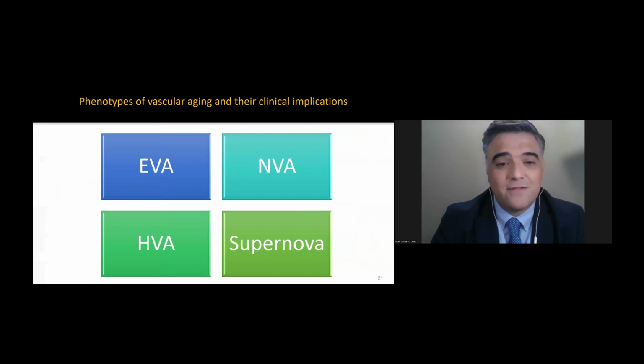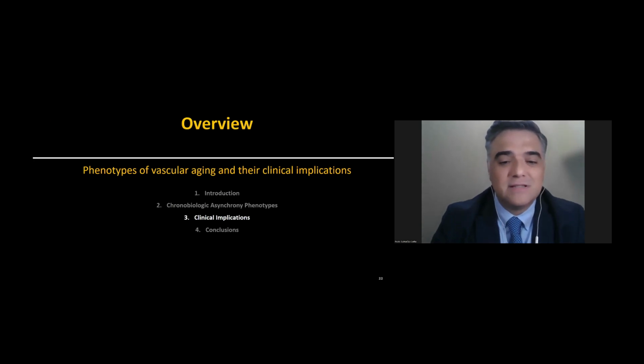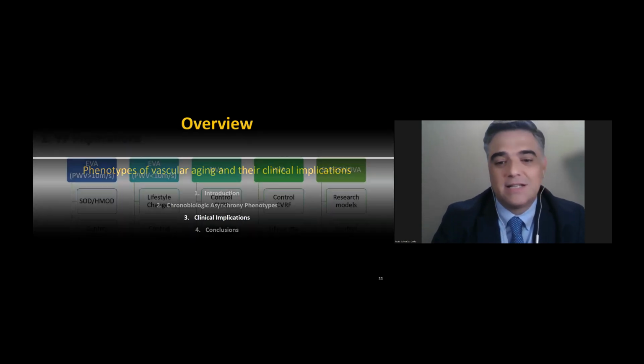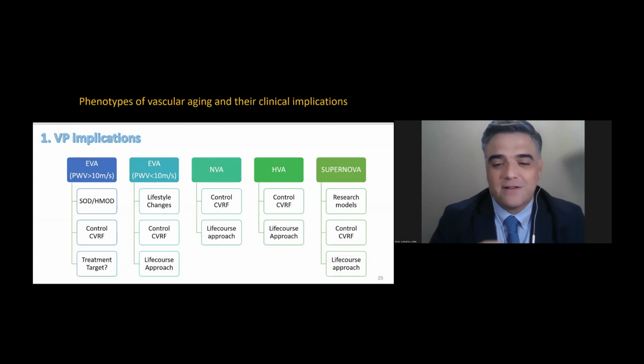So these are the four phenotypes that we can identify from the evidence that I've shown you previously, and it is important to learn what are their clinical implications. So at first glance, you look at these vascular phenotype implications, and you can divide them into 5 groups.